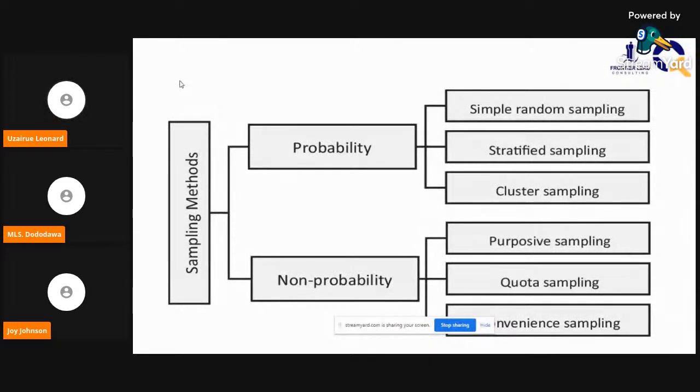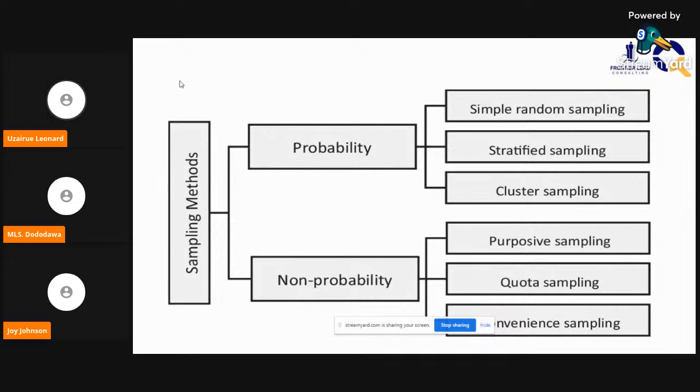Now you've been able to identify a population. How do you go about sampling that population to make sure that the sample you end up with is representative of the population? We have basically two methods you can use.